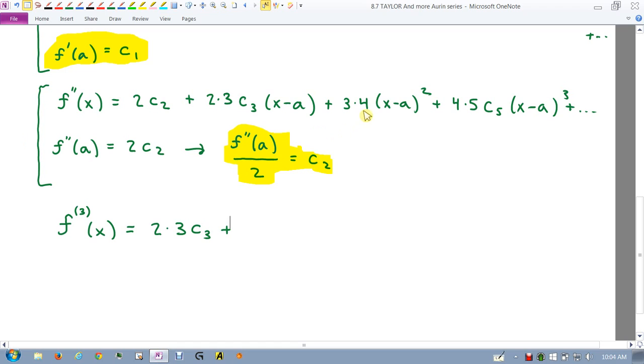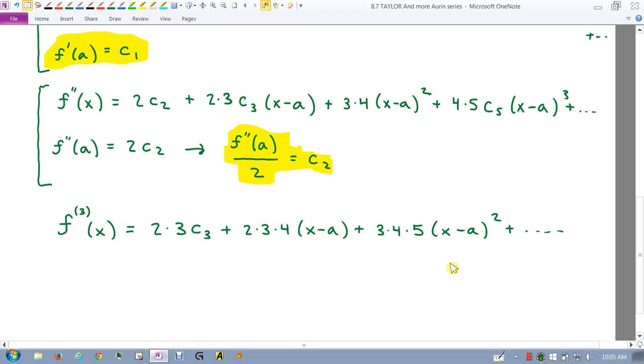What's the derivative of this? 2 times 3 times 4, x minus a to the first power. What's the next one? 3 times 4 times 5, x minus a to the second power plus dot, dot, dot. What are those looking like in front of those? They're looking like factorials, right?